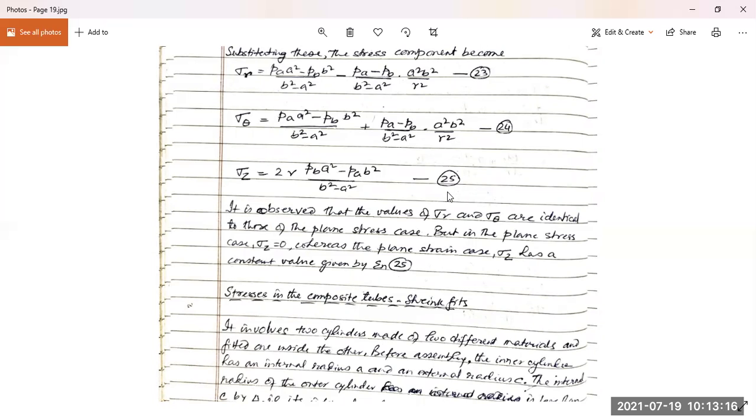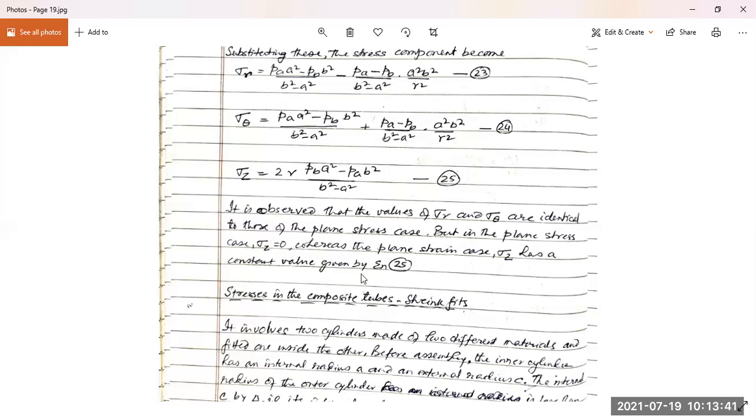25. So what is this? Plane strain becomes 0, and in plane stress sigma Z has a constant value given by something. So there is certain strain going on along this longitudinal direction, but there may not be any stress, but a portion of sigma Z is created, but without any sort of strain.